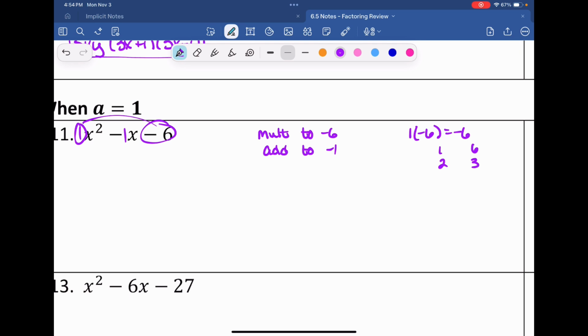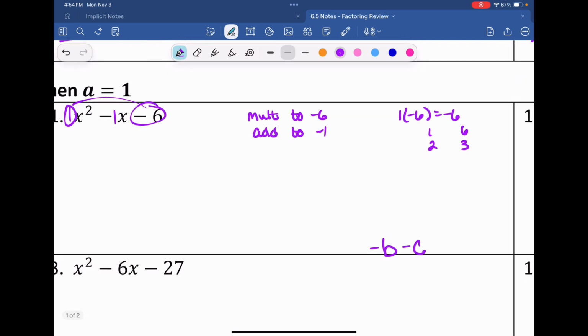Okay, now we've got negative b, negative c. I'm just going to write down here negative b, negative c. This is big factor negative. So the 3 and the 2, and that's going to be that one.